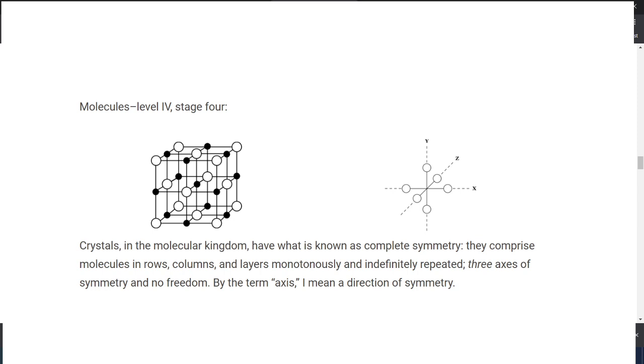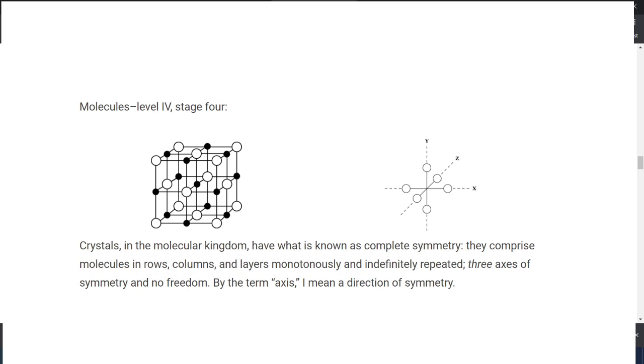There is no freedom whatsoever. So there is a relationship between an increase in symmetry, and here there are 3 axes of symmetry. As you can see on the right-hand side, we have the famous Cartesian XYZ grid. So we have 3 axes of symmetry and 0 degrees of freedom. So there's a relation between the more symmetry something has on one of these levels, the less freedom it has. And that's complete symmetry.